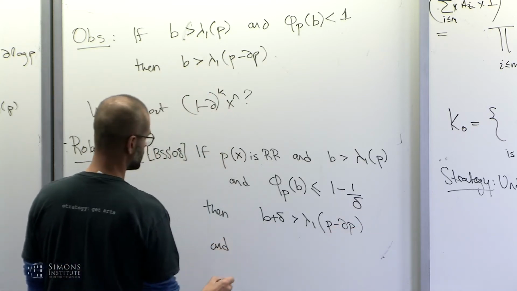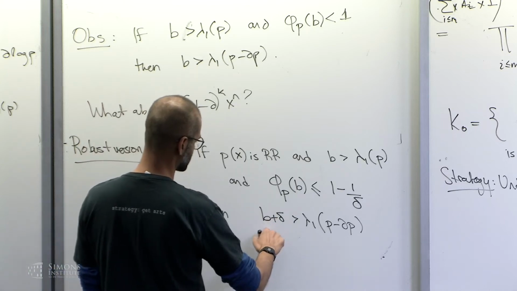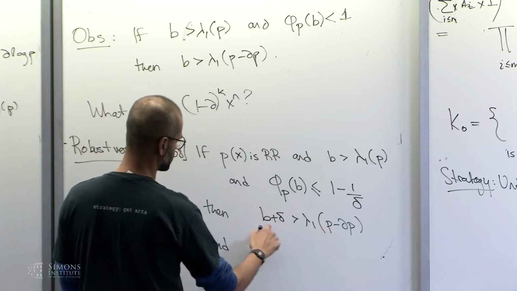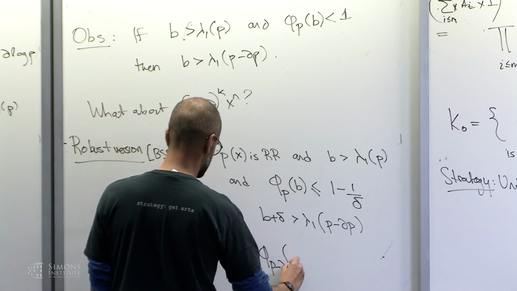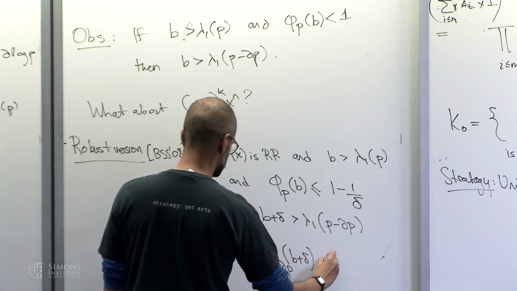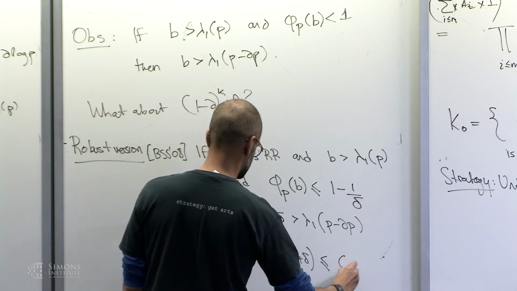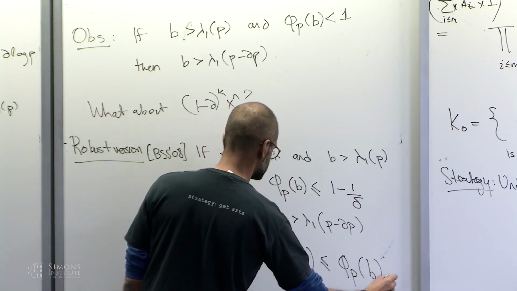And you actually get control on the barrier function of the new polynomial at this point. Phi of p minus its derivative at b plus delta is less than phi of p at b.